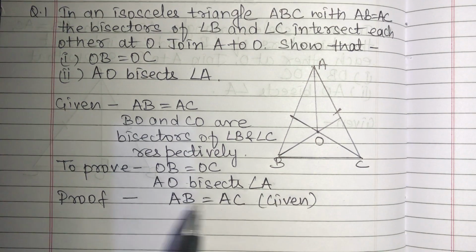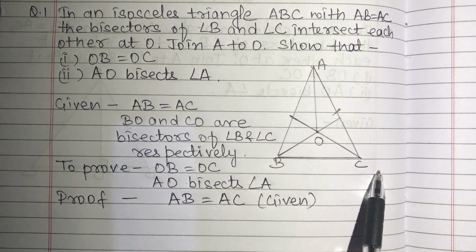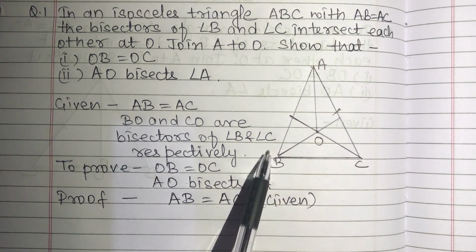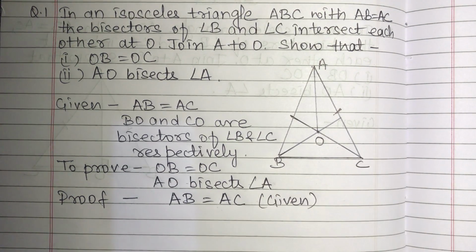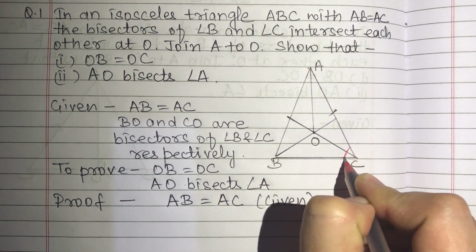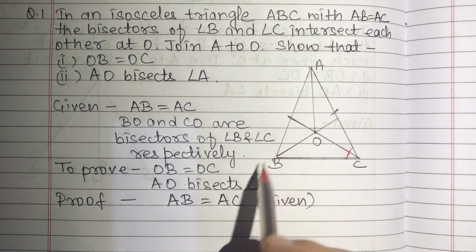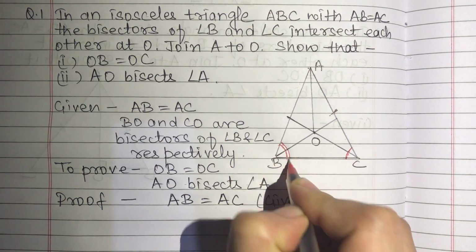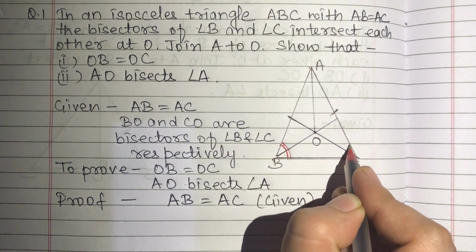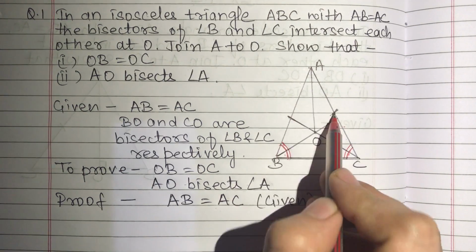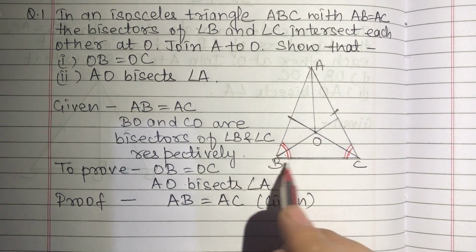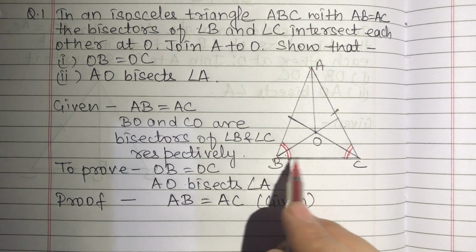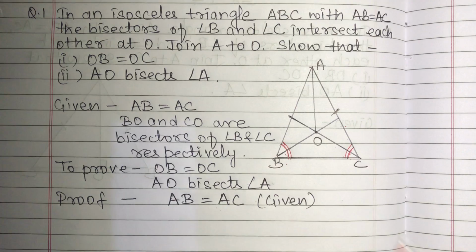So in triangle ABC, the angle opposite to side AB is angle C, and the angle opposite to side AC is angle B. Since these two sides are equal, these two angles are also equal.